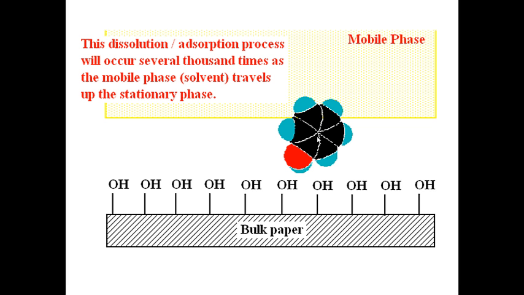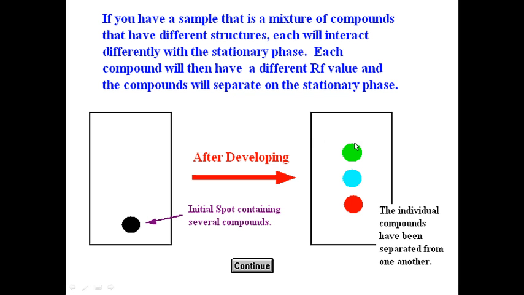Now I should stop here for a minute and say that the TLC plates that we develop look an awful lot like what you do in biology for gel electrophoresis. And there's probably similarities between those two techniques. But the one thing that people sometimes have difficulty differentiating between the two techniques is this.